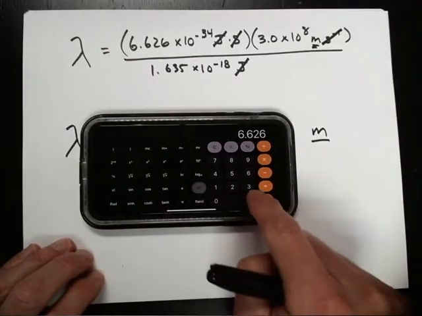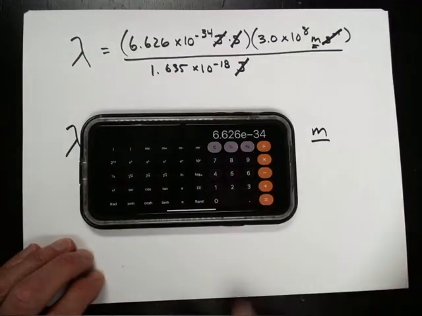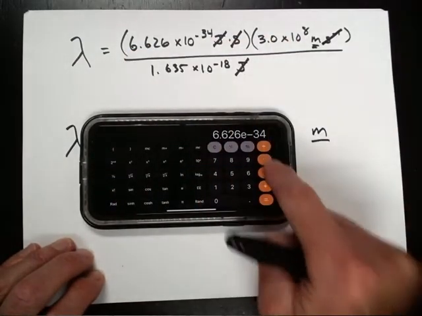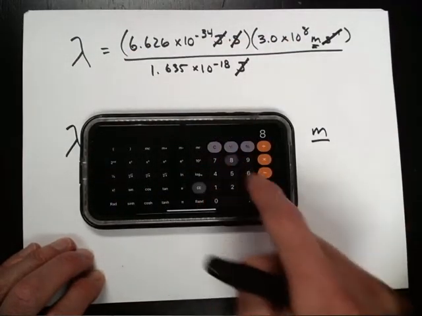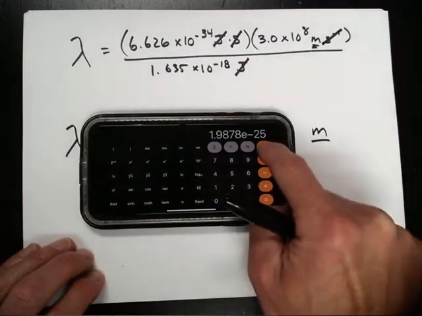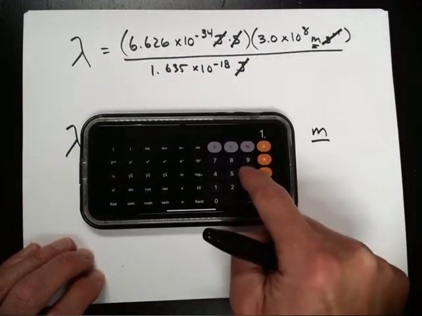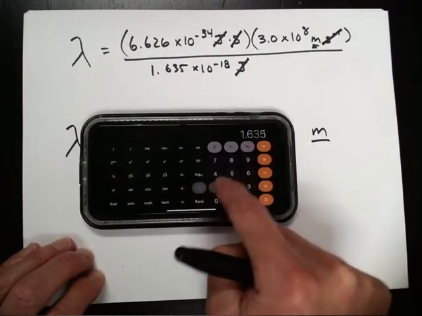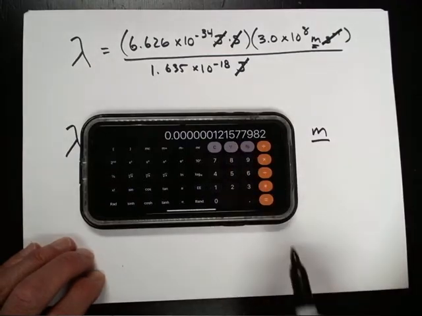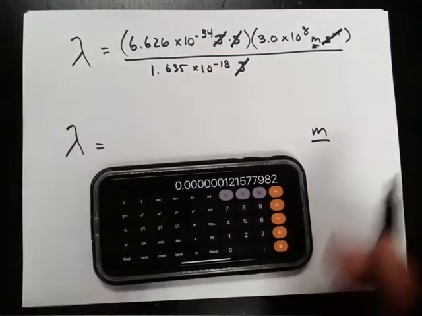6.626 times 10 to the negative 34 times 3 times 10 to the 8th, and we're going to divide that by 1.635 times 10 to the negative 18. That's a tiny number. Let's see.